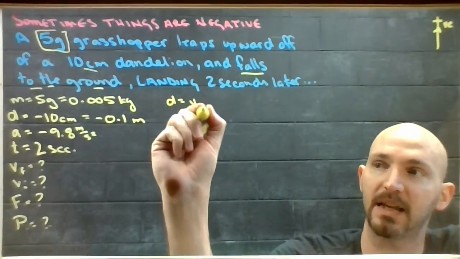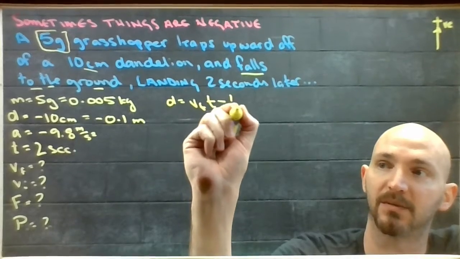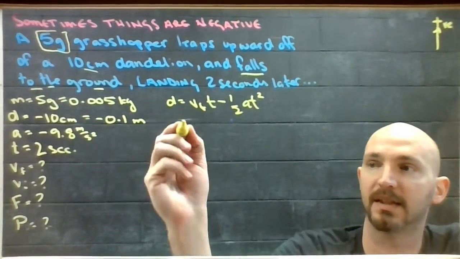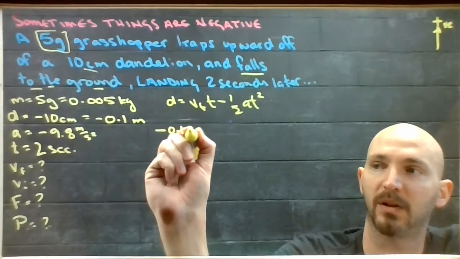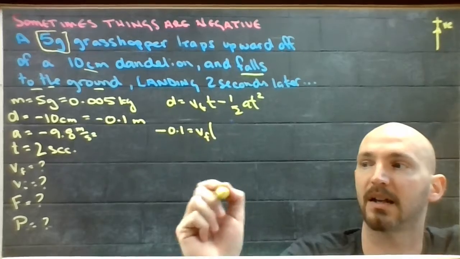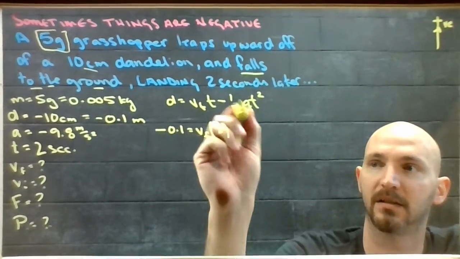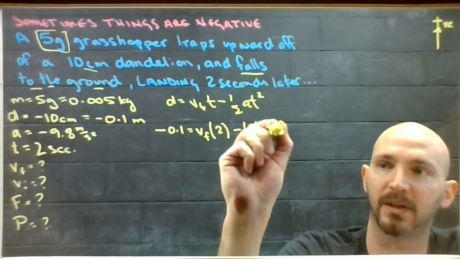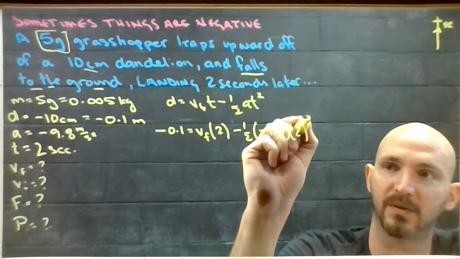Distance is v final t minus 1/2 a t squared. So a distance of negative 0.1 meters, v final, which I don't know yet, time is 2 seconds, minus 1/2, an acceleration of negative 9.8 and a time of 2 seconds.